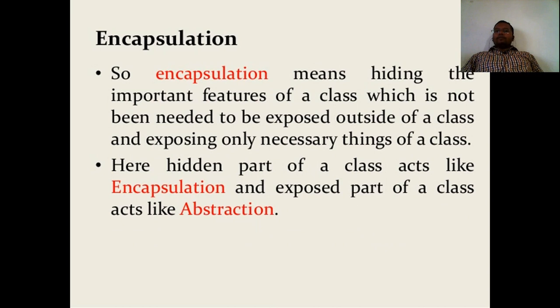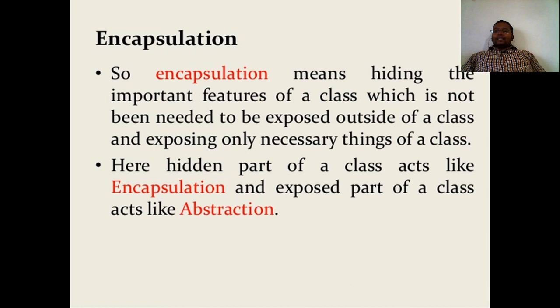So encapsulation means hiding the important features of a class which need not be exposed outside of the class, and exposing only the necessary things. The hidden part of a class acts like encapsulation, and the exposed part of a class acts like abstraction. Here I want to give a simple example of your mobile phone. Every mobile user can deal with only the software part, meaning only an application which is installed in your mobile will be accessible.